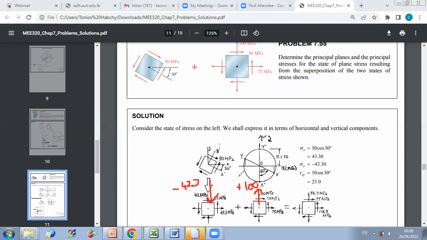So you do 100 minus 43.3, and you get then 56.7. Now concerning the shear stress, both shear stresses are tau xy, both are positive. So you have to add them. You have 25 megapascal plus 50 megapascal. So you get in total tau xy equal to 75 megapascal for the combined load.